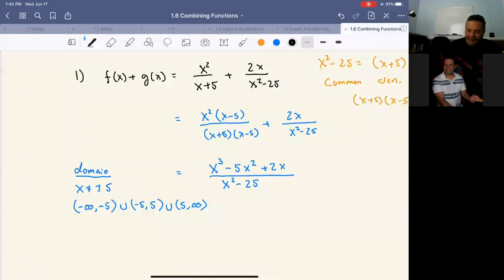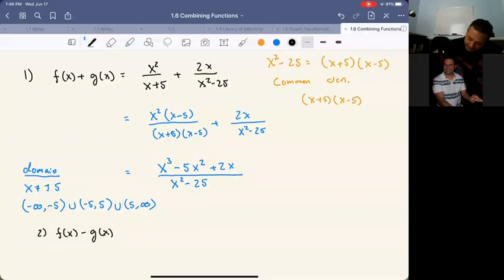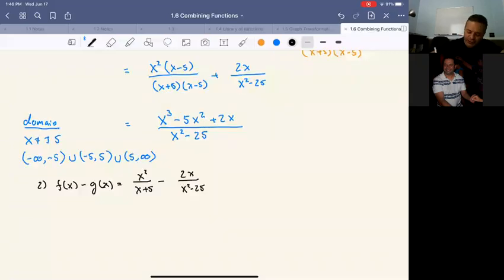So let's take f of x minus g of x. Same f and same g. So that's going to be x squared over x plus 5 minus 2x over x squared minus 25. And this one doesn't really change too much. Same thing, we're going to take a common denominator of x squared minus 25.